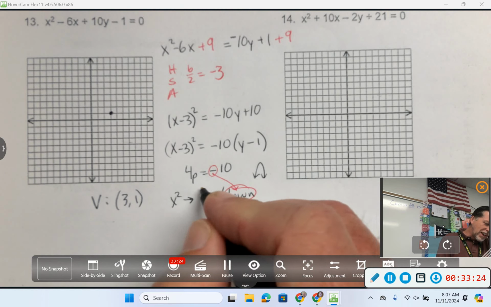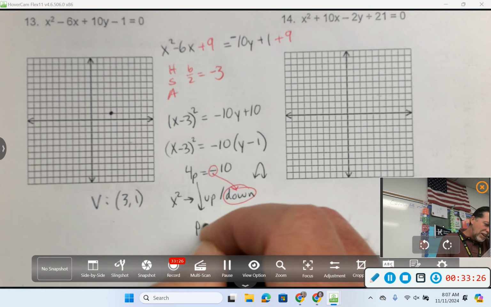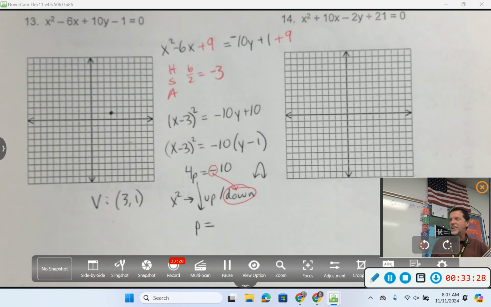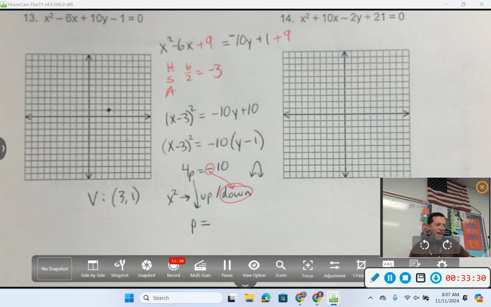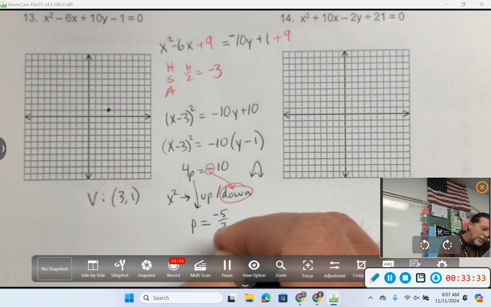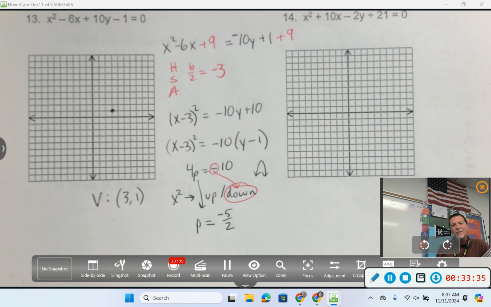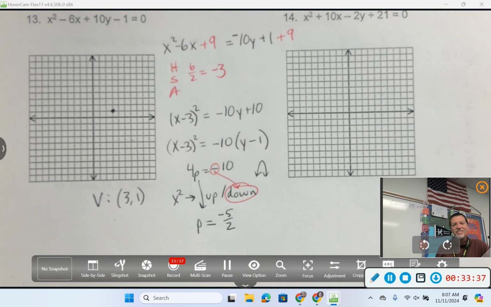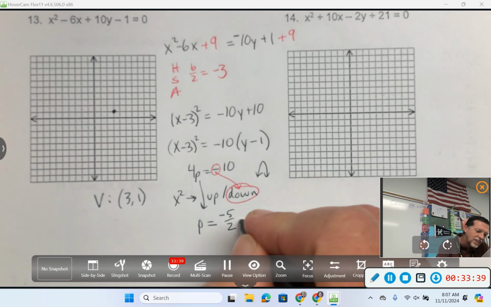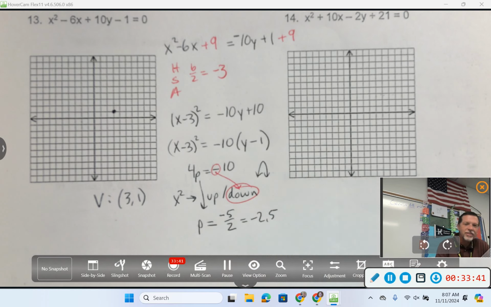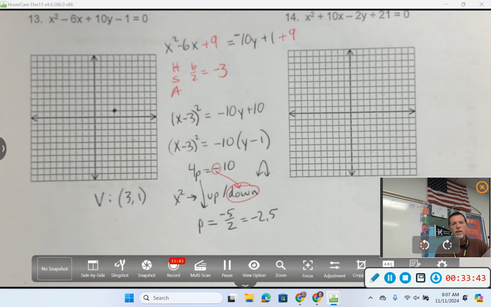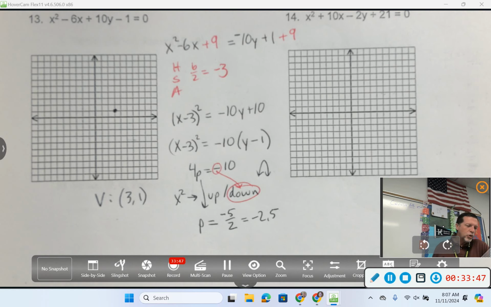If 4p is negative 10, then that means p is equal to negative 5 halves, 2.5, which is not wrong. It's definitely right. But when it comes to graphing, 5 halves doesn't do me much good. I'd rather call it 2.5. Okay, so how do I get to the focus from the vertex?